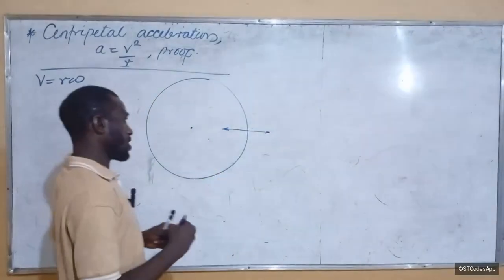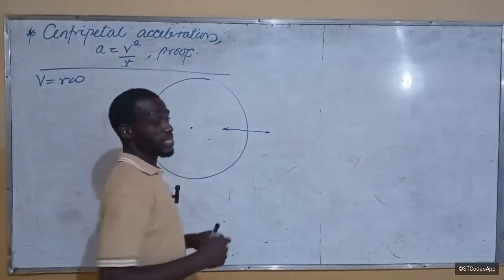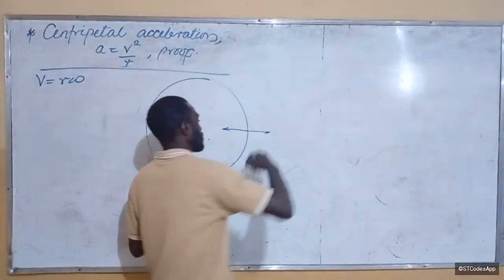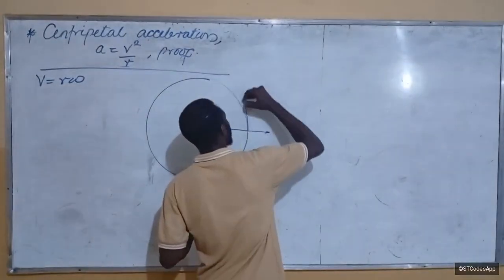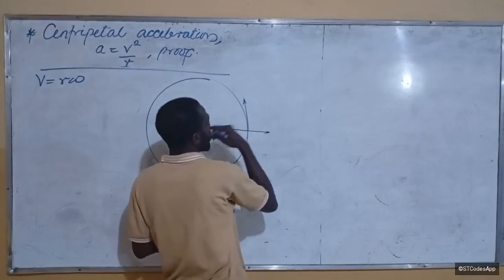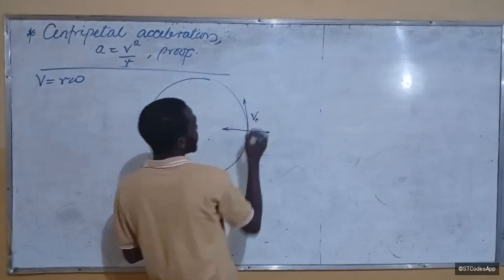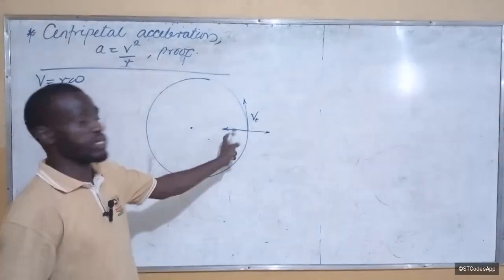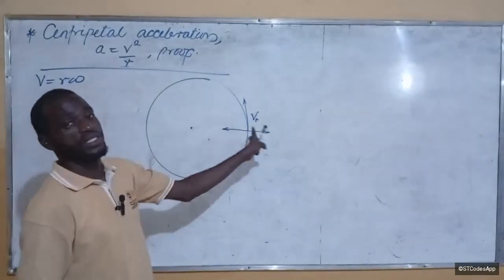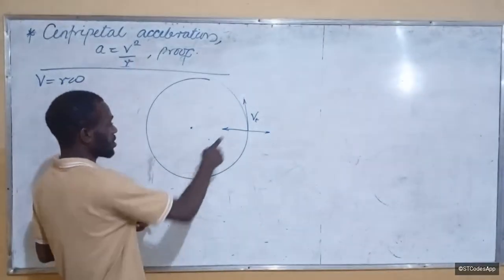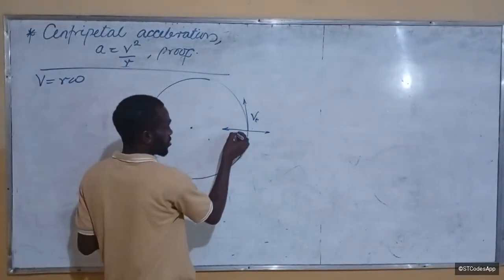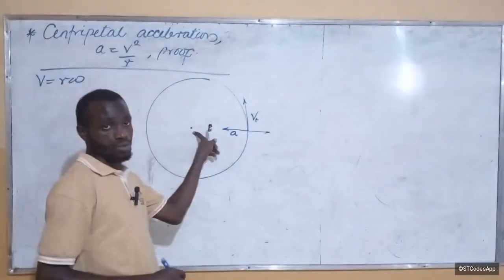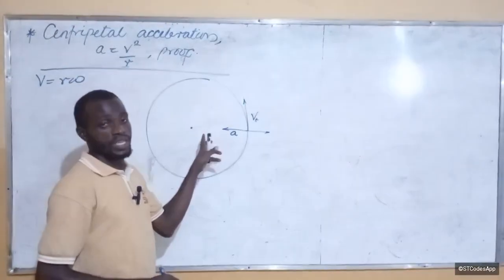All right. But then again, the body has velocity that is tangential, so we call it tangential velocity. So the tangential velocity is always perpendicular at every point to the centripetal acceleration. This is called the centripetal acceleration A, and it is a vector that points into the center of the circle.